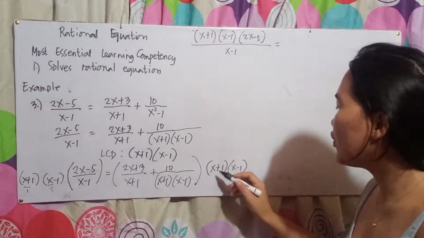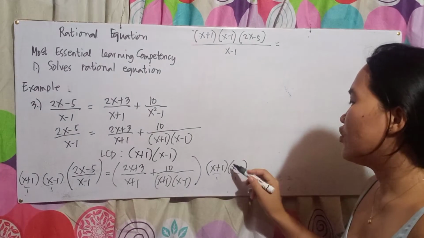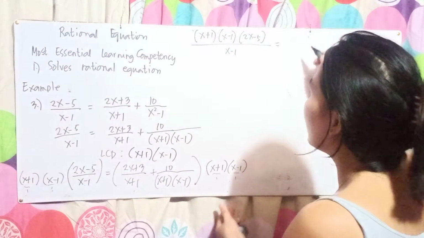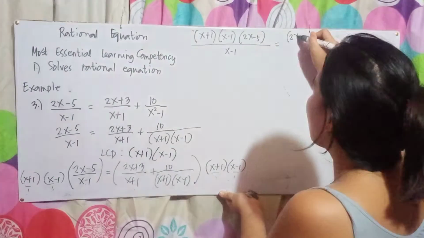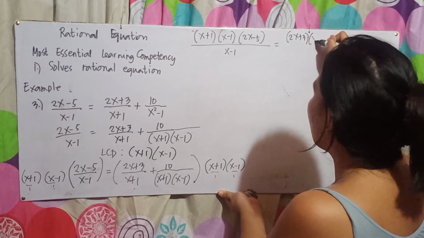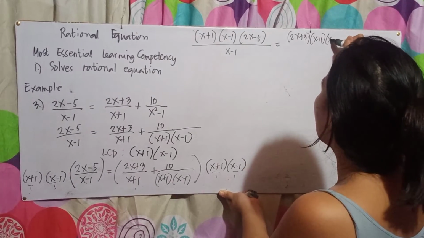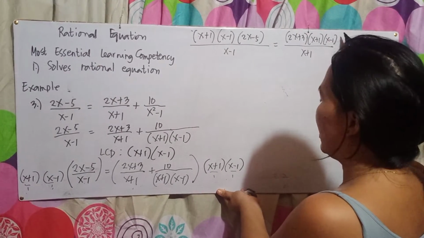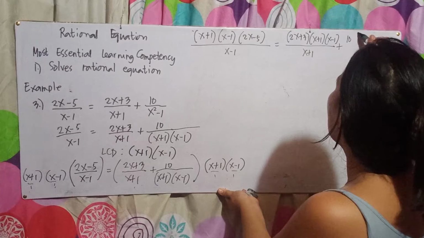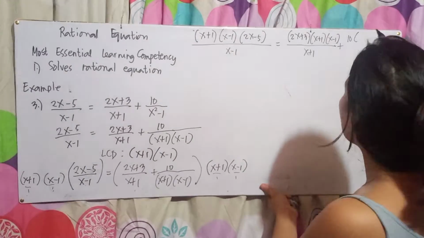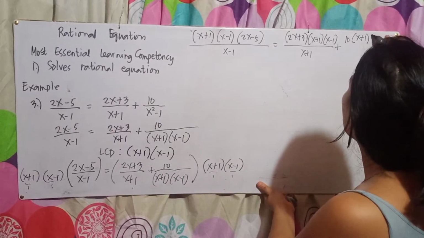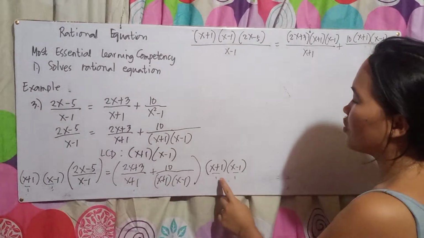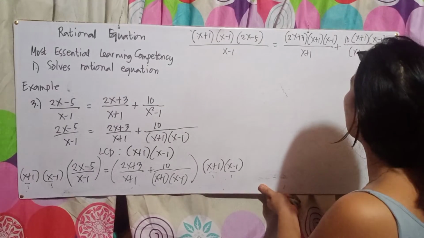Equals, here also an invisible 1, the numerator times the numerator and the denominator times the denominator: 2x plus 3 times x plus 1, x minus 1 over x plus 1, plus 10 times x plus 1, x minus 1 over 1, the denominator stays the same.